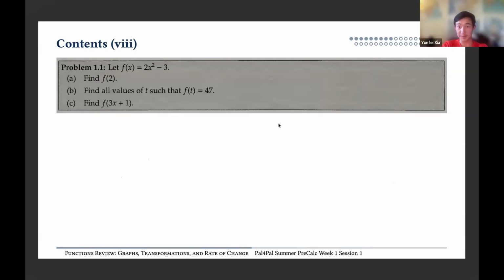All right, how about part B? 5 is correct for part A. Let me just do it here.